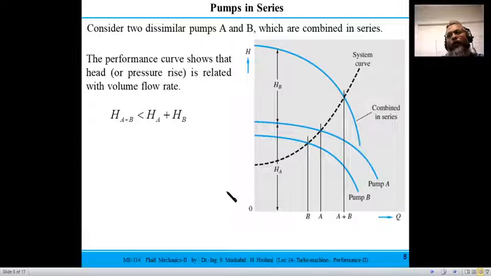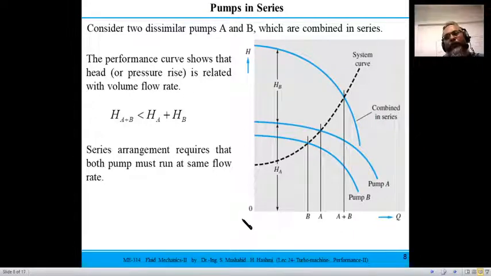So series arrangements are useful when you need to increase the head, but your flow rate must be the same. Then the series arrangement works fine.